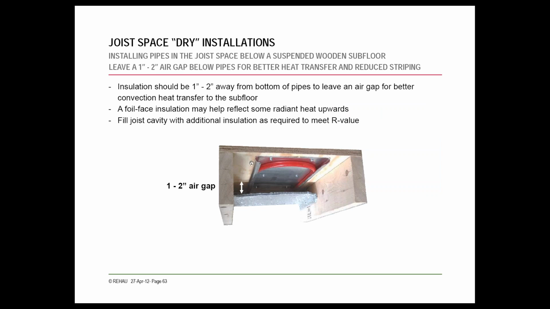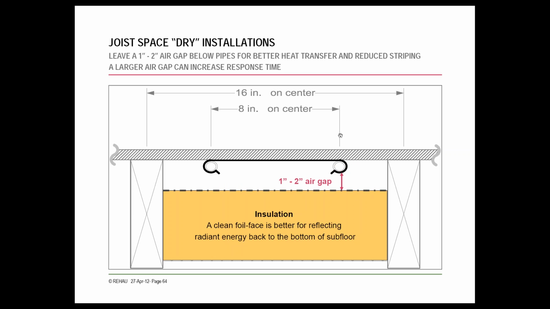This is another cutaway of an actual picture, so it's a little easier to see. They're showing, instead of batt insulation, just a foil faced bubble wrap type insulation. And again, leave an air gap so that it can help heat that area and then drive it upwards.